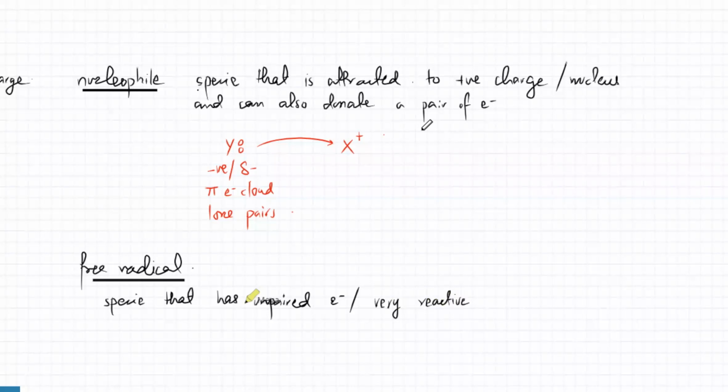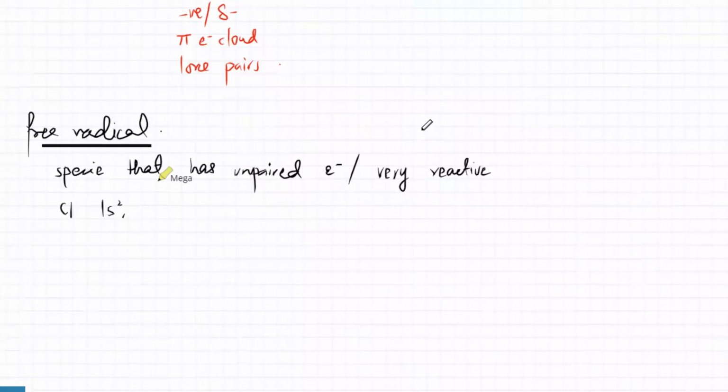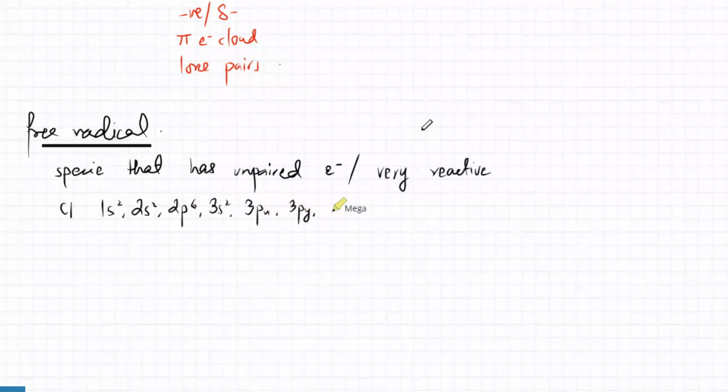Like if you look at the electronic configuration of a Cl atom, if I write the electronic configuration of the entire Cl atom, it's 1s2, and then it's 2s2, then 2p6. Then I have 3s2, 3p5, which is 3px, 3py, and 3pz, and it's 2, 2, and 1.